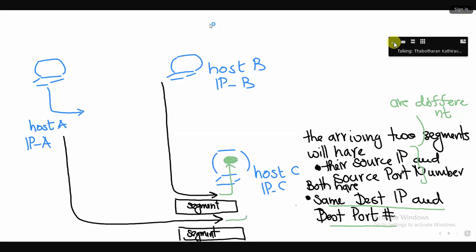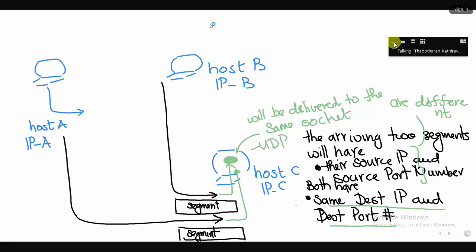Keep in mind that this happens with UDP packets, very often, because UDP uses the destination host address and the destination port number to identify the receiving socket.